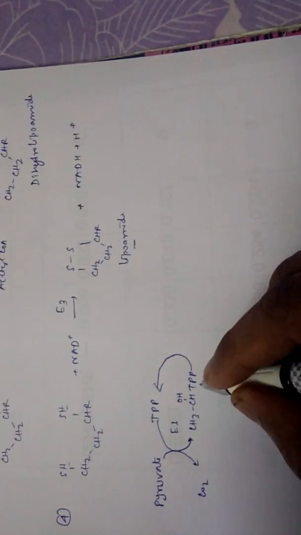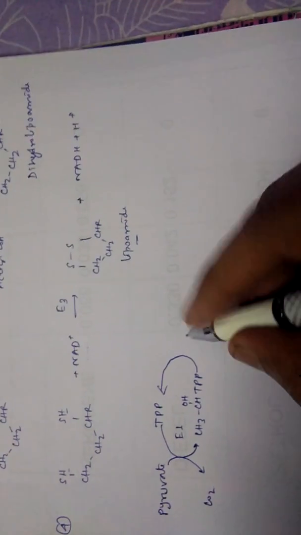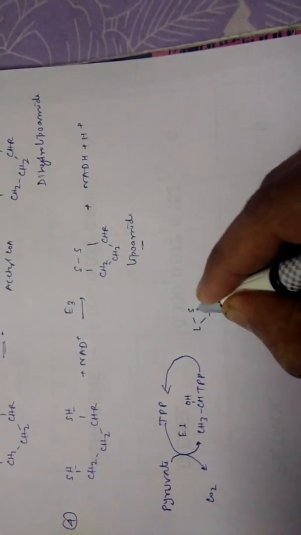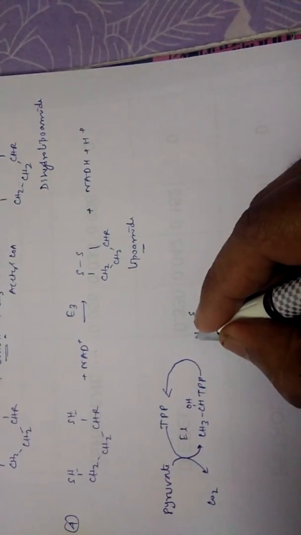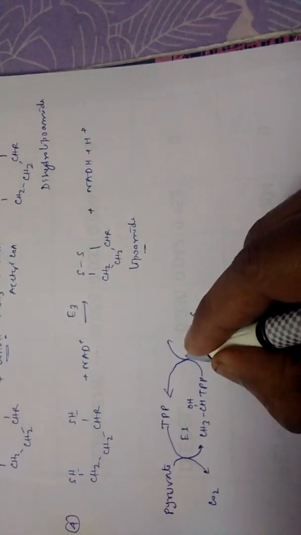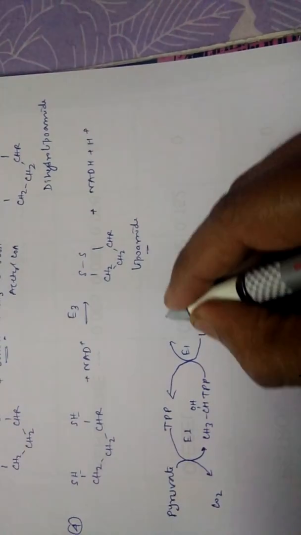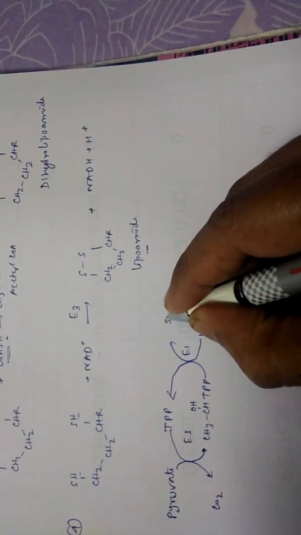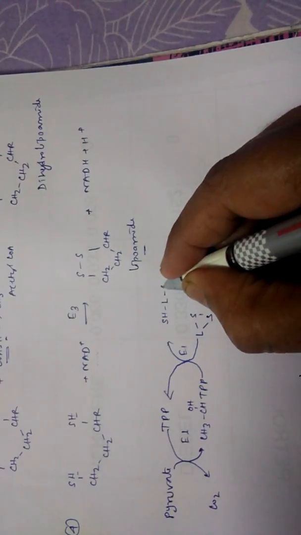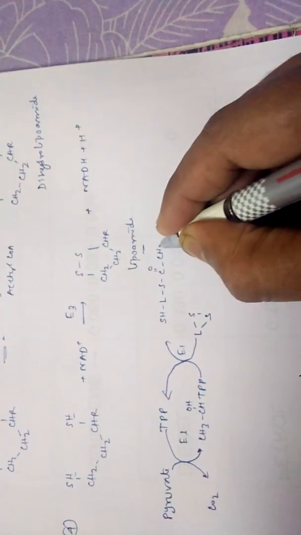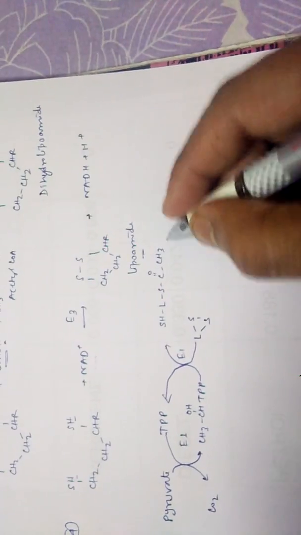When hydroxyethyl TPP is going back to TPP, in that case lipoamide can be converted again in the presence of E1 to acetyl lipoamide, right?